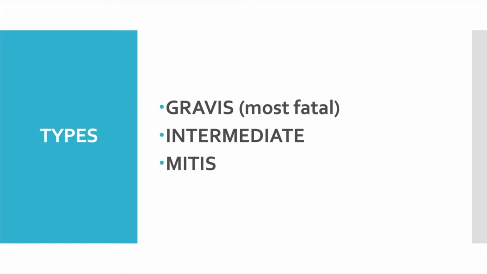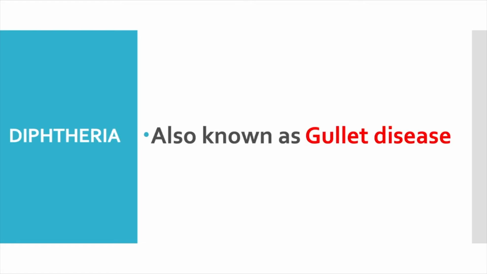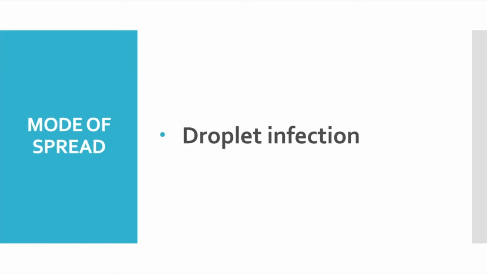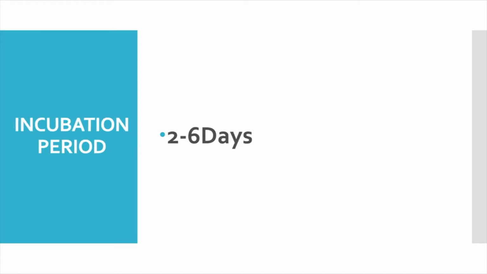Gravis is the most fatal type. Diphtheria, also known as gullet disease. Age group mainly 1 to 5 years of children. Mode of spread, droplet infection. Incubation period, 2 to 6 days.